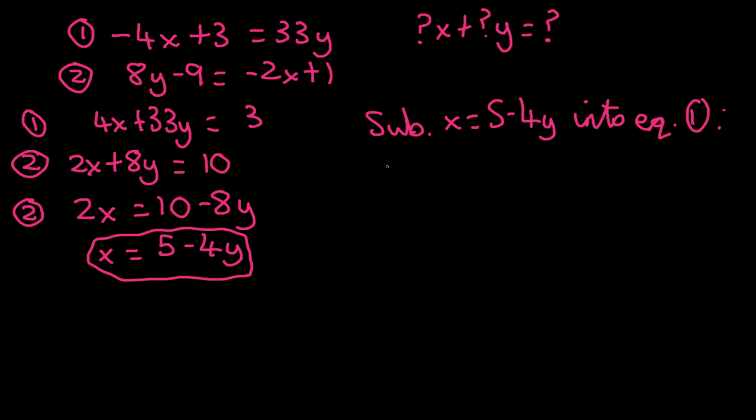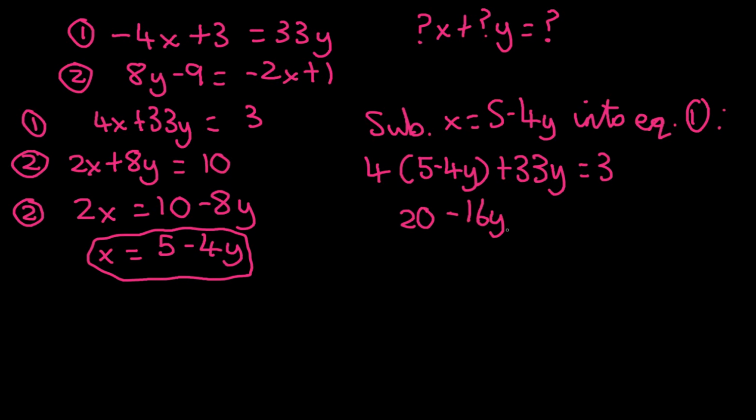We have 4 times x, which is 5 minus 4y, plus 33y is equal to 3. Expanding these brackets, 4 times 5 is 20, minus 4y multiplied by 4 is minus 16y, plus 33y is equal to 3.